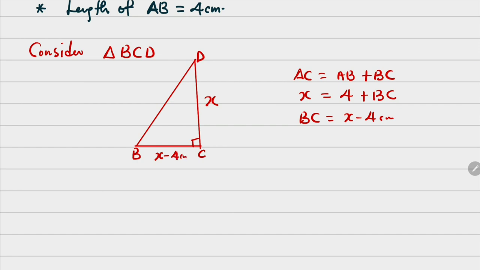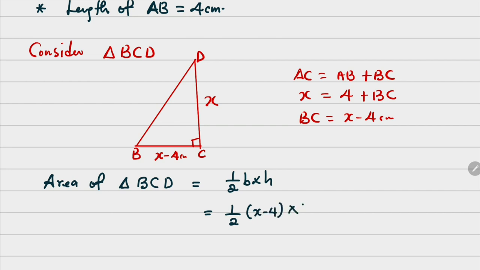All right. Now, if I have this, I can actually find the area of triangle BCD. How am I going to get it? Of course, it is 1 over 2 base times height. So which is going to be 1 over 2, and the base is x minus 4, times the height, which is x.